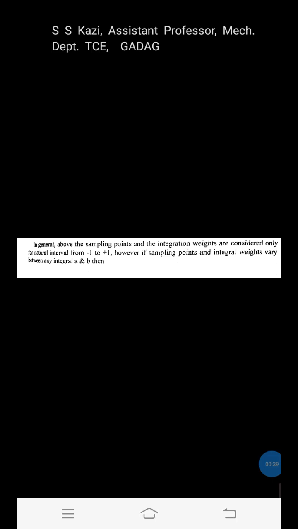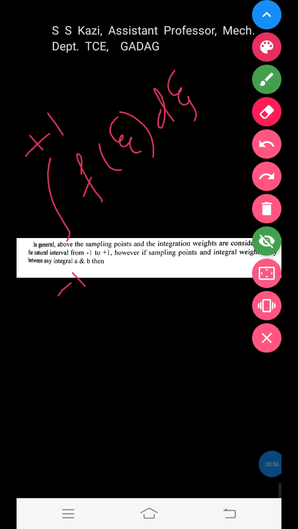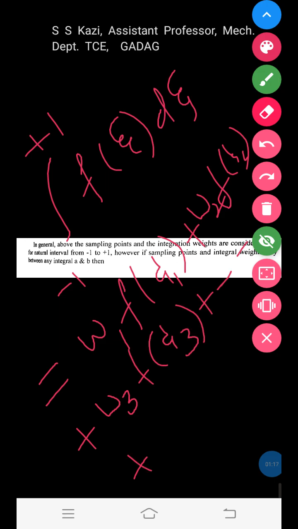then evaluation of that integral using Gaussian integration method is given by, if the integral is of the form -1 to +1, f of zeta with respect to zeta can be approximated, using Gauss integration method, to w1 f of zeta 1 plus w2 f of zeta 2 plus w3 f of zeta 3 and so on, plus wn f of zeta n.